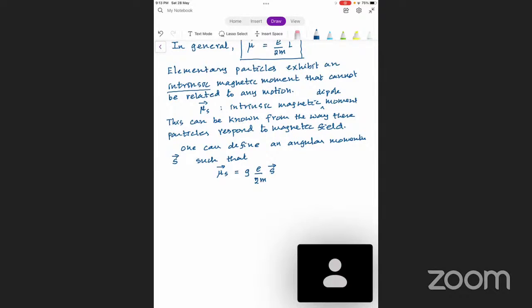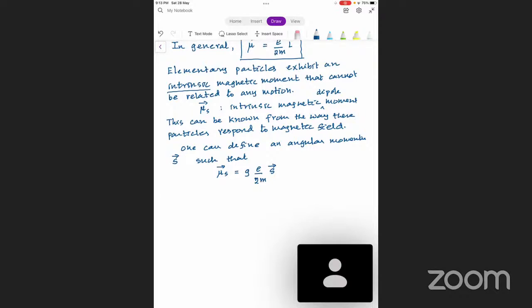So that is why. As far as the electron is concerned, this is fine. But then there is also the neutron, which does not have charge, and it also has this intrinsic magnetic moment. So this definition is not very general.